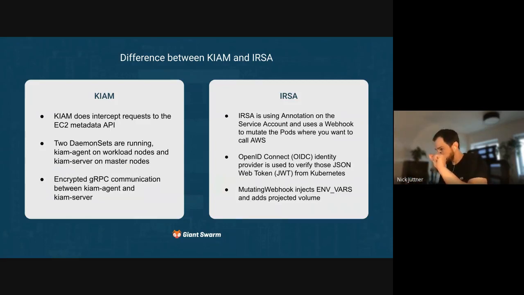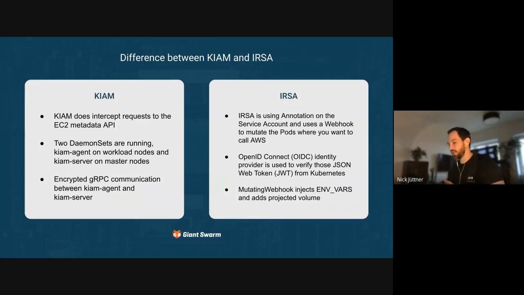OpenID Connect is required to verify those JWT tokens. When you have these projected volumes, you have a JWT token, which is sent to be validated against the OpenID Connect provider.